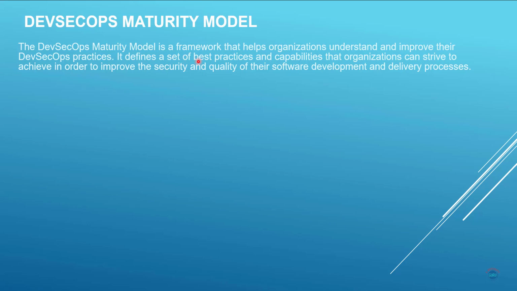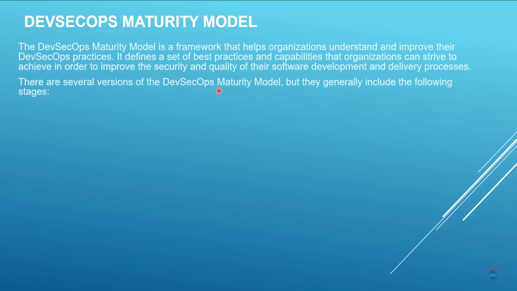It defines a set of best practices and capabilities that organizations can achieve in order to improve security quality of their software development and delivery process. So it means that the more mature your software development process and more mature your secure software development lifecycle is, the better is your DevSecOps maturity model level.